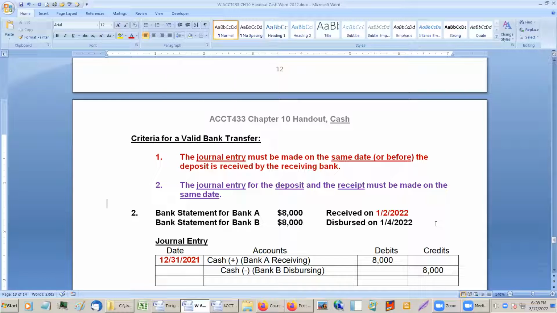That's fine. Yeah, this is fine. The journal entry was made, and maybe they made it on the 31st, and this would be almost like a deposit in transit, that it doesn't hit the bank till the first. So as long as the journal entry is made on the same date or before, there's no problem.